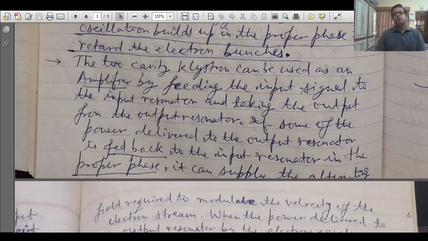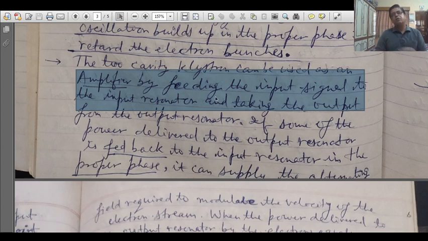The two-cavity klystron can also be used as an amplifier by feeding the input signal to the input resonator and taking the output from the output resonator.